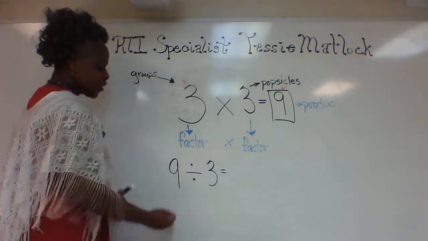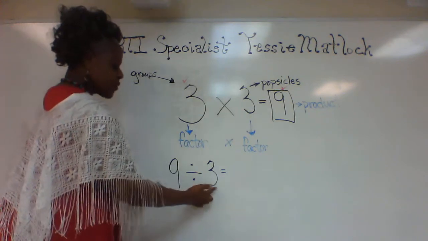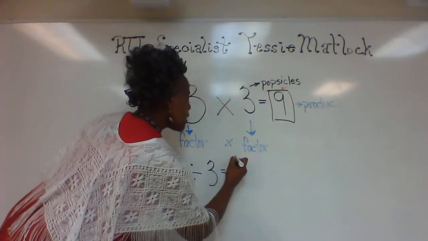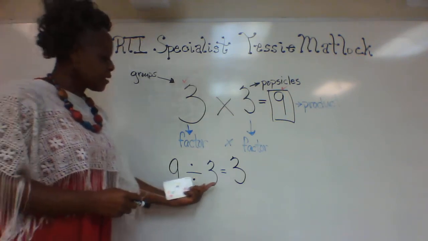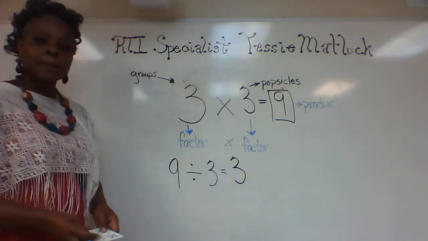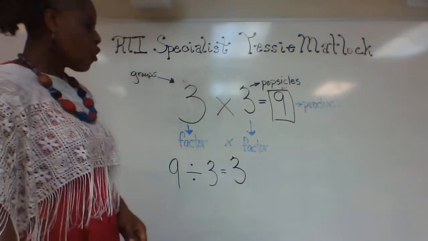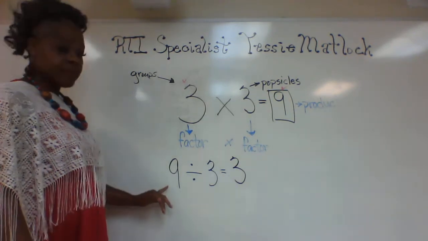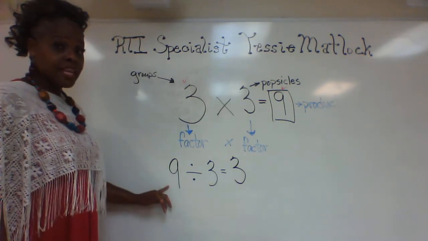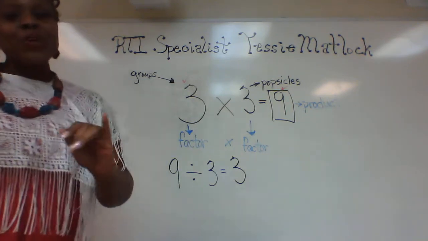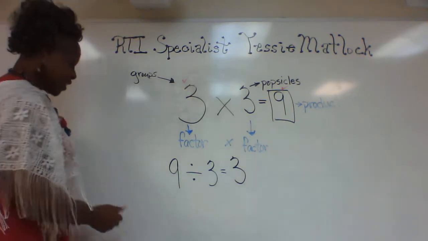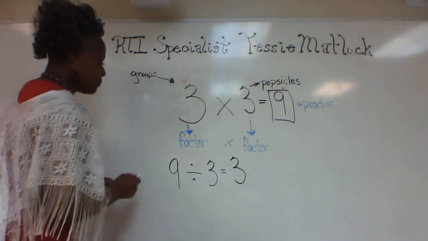That's the answer. 9 divided by 3 is 3. That was the other member of the fact family that was missing. So, this 9 in this position is called our dividend. Dividend. I'll write it down.